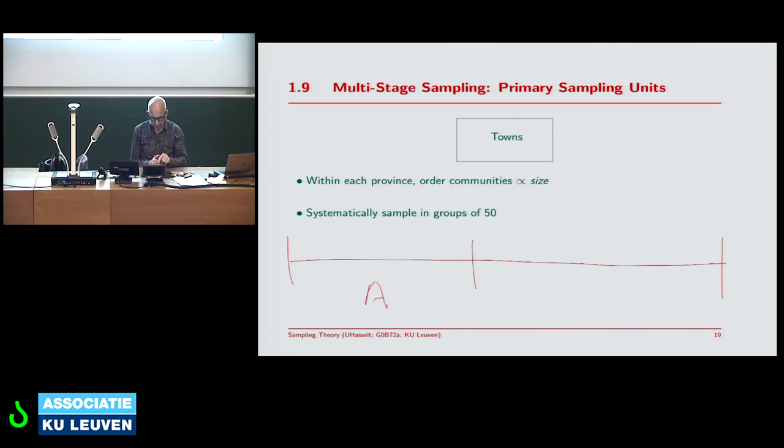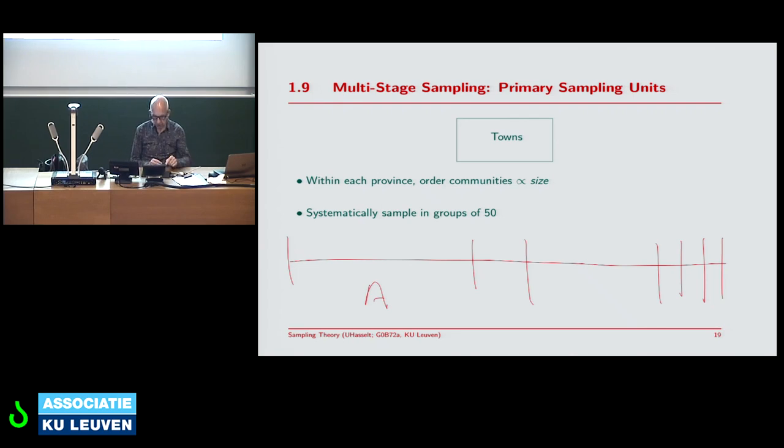So we have Antwerp at the beginning, and then we have the smaller towns of the province at the end. So if we need, for example, 26 groups of size 50, we need to select out of that line segment 26 towns.